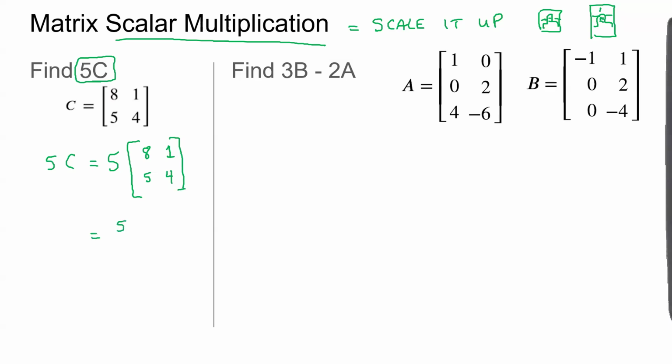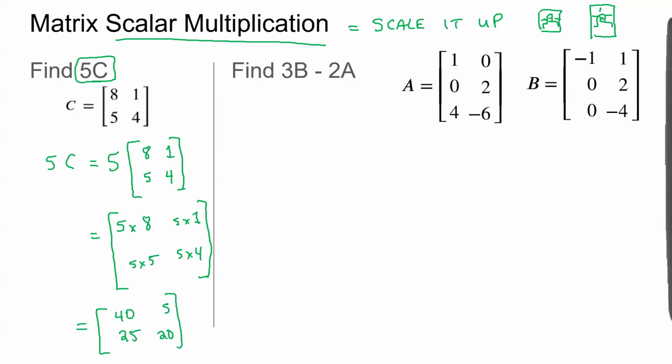So that would be equal to 5 times 8 and 5 times 1 and 5 times 5 and 5 times 4. And distribution is a nice way to think about this. I don't know that that's the same thing that we would normally call distribution, but it's like that. And we just end up with a 40 and a 5 and a 25 and a 20. Okay. We scaled matrix C up, and now every number in there is 5 times bigger than it started out.